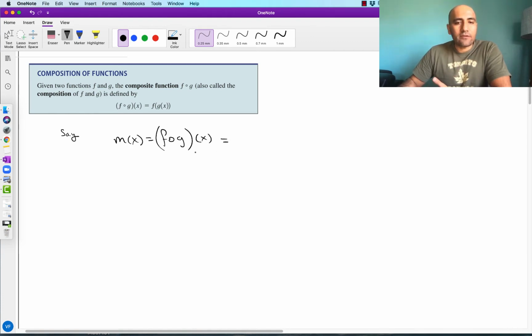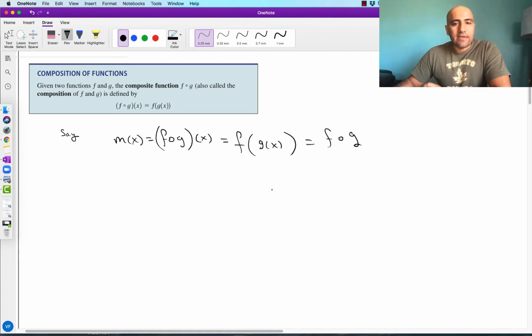So the order matters. This has to be f evaluated at g of x, like that. And then very often we also just denote it by saying f composed with g. They all mean the exact same thing.